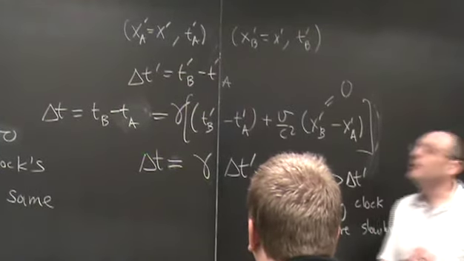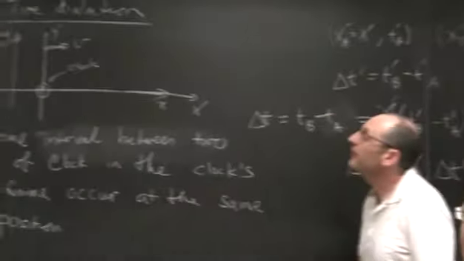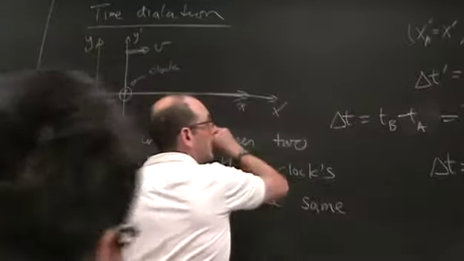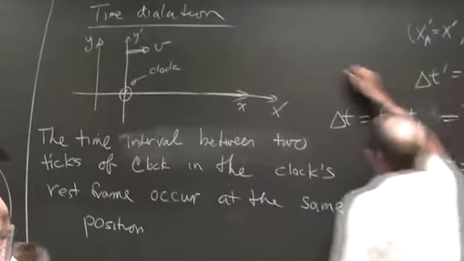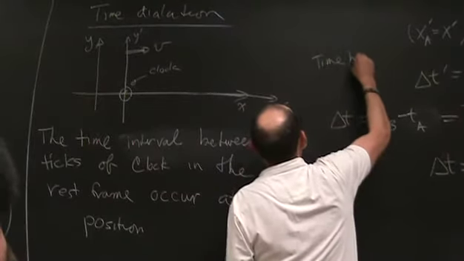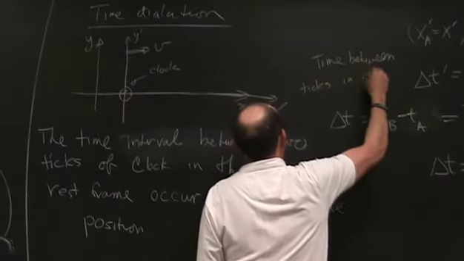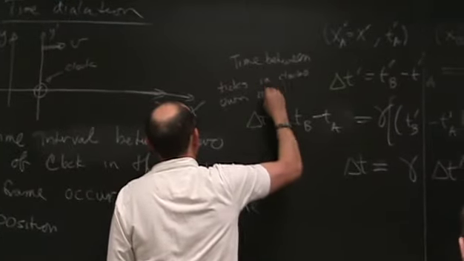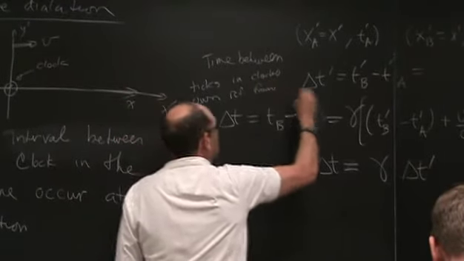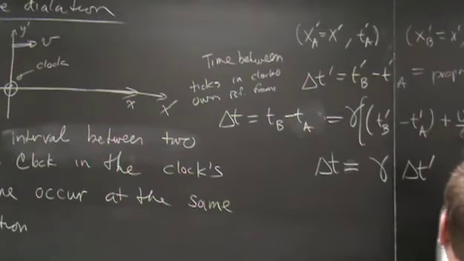The time between ticks in the clock's own reference frame is known as the propre time, which in French means your own.